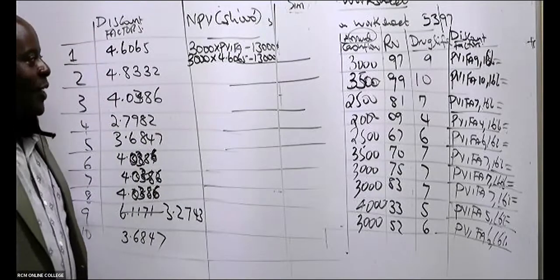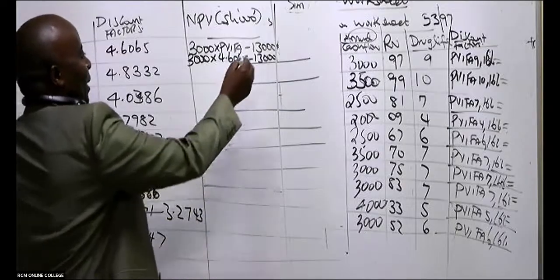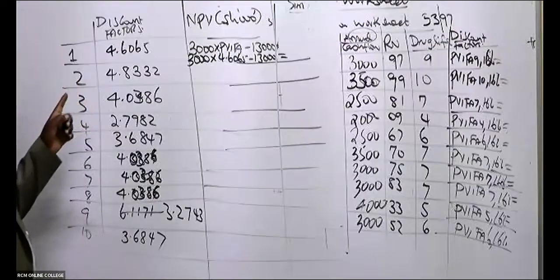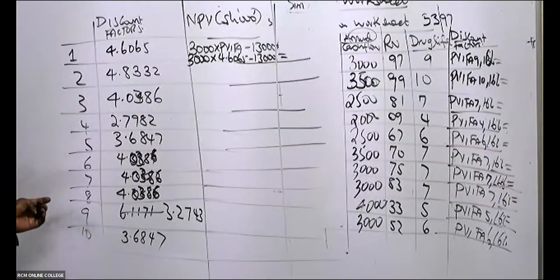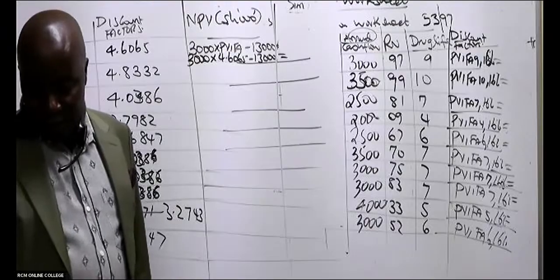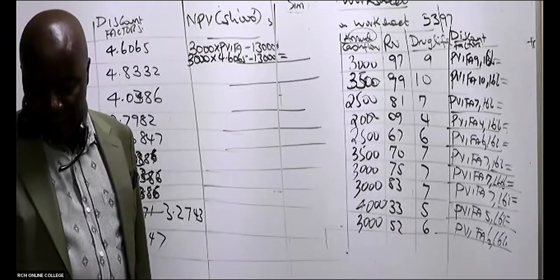What figure are you getting? Somebody give me the first one, please. So 3,000 times the discount factor minus 13,000. Now the online students are not even giving me answers.